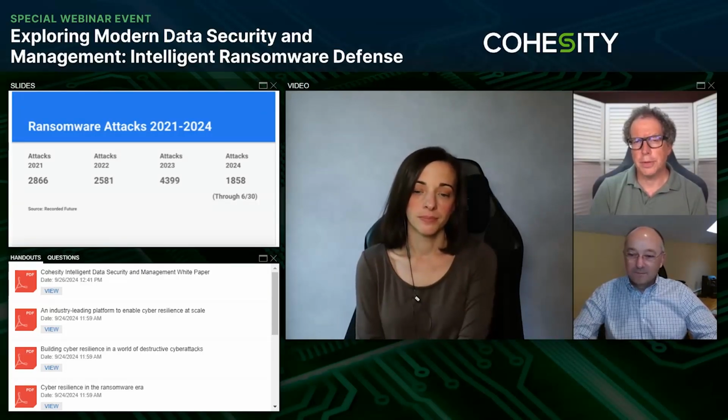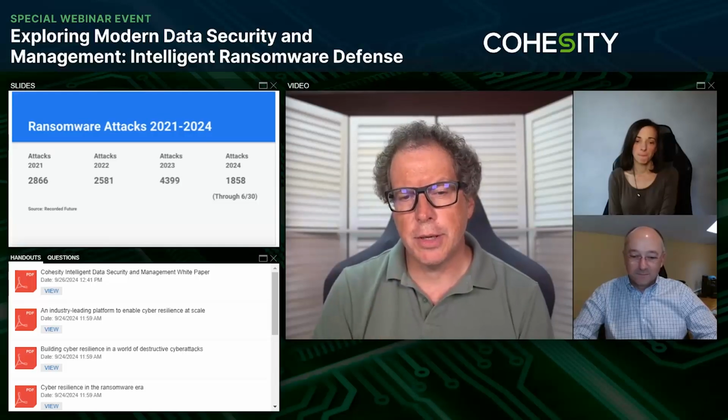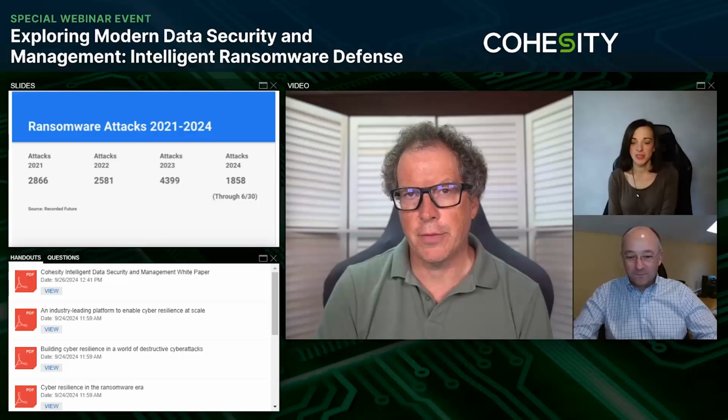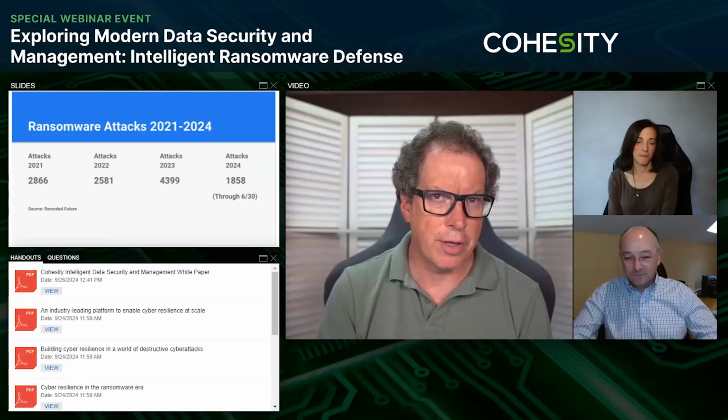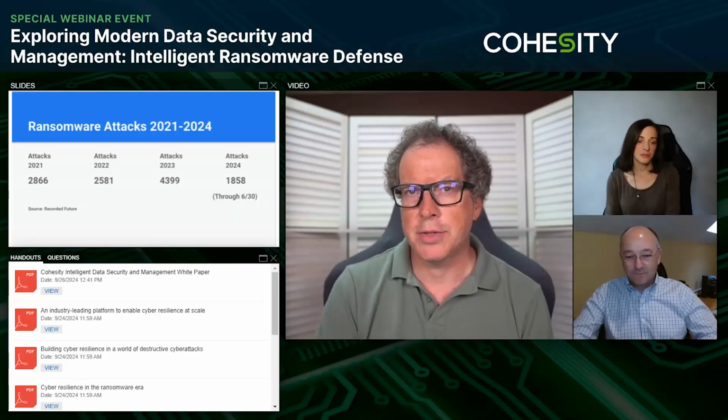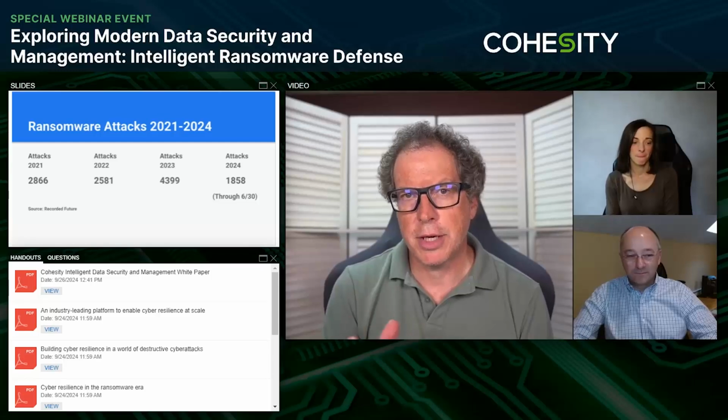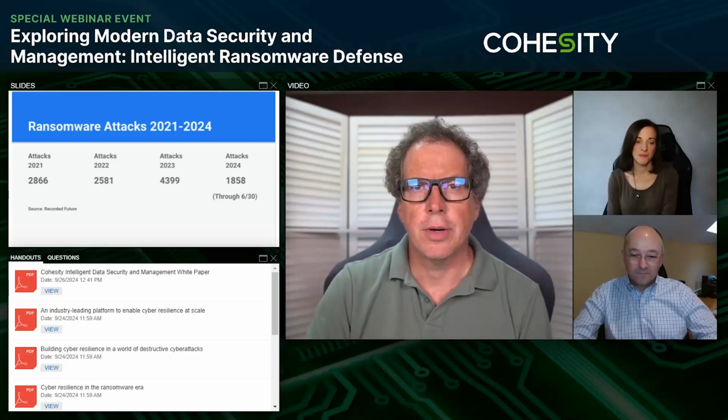Okay, all right, excellent. Well, you both mentioned some basics. Let's pivot into some of the key capabilities for ransomware data protection and recovery, and what it takes to have an intelligent data security and management strategy when it comes to ransomware in 2024.